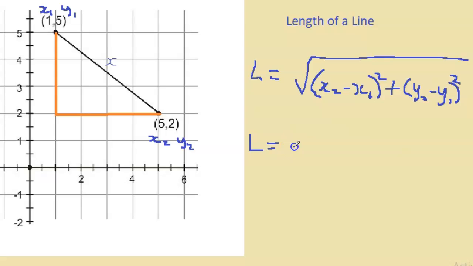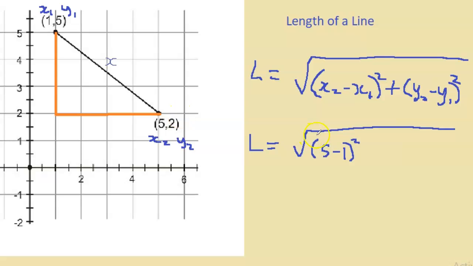So use the formula. x2 minus x1 squared. So what are the x values? 5 and 1. Just observe what 5 minus 1 gives you. x2 is 5, x1 is 1.